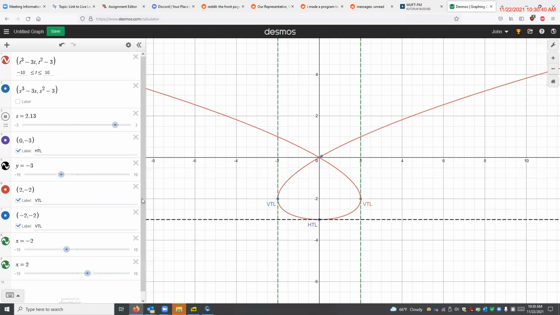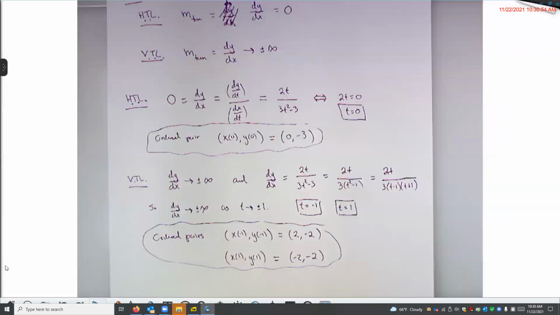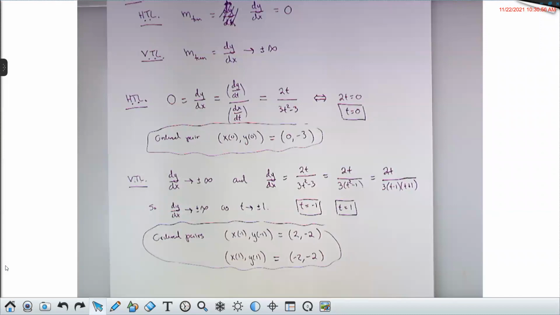So yep, this curve has one horizontal tangent and two vertical tangents. One there, one there. It's not too bad. It's the same stuff you did in Calc 1. The only thing you need to remember for any of the tangent-related stuff is how to find dy dx. dy dx is dy dt divided by dx dt. That's literally the only new thing.